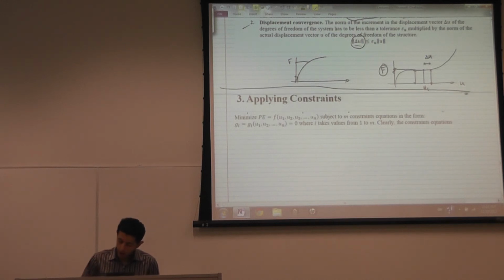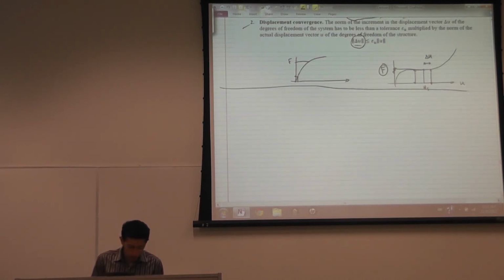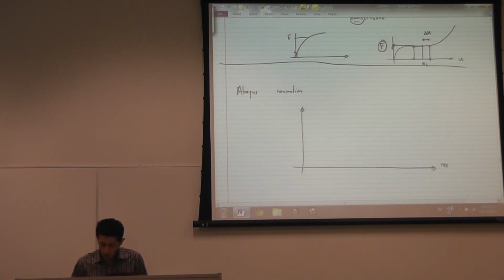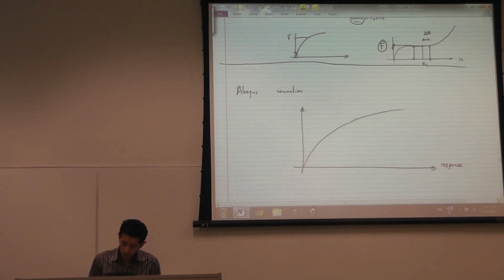Now, for the Abaqus convention, this is the response, and this is the load step. I would like, for example, F, I would like the solution.